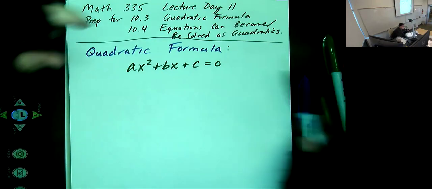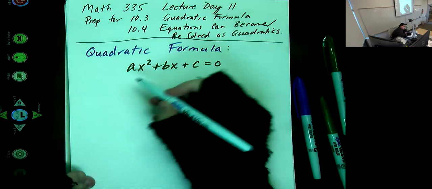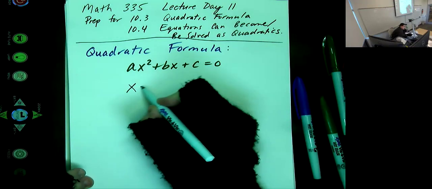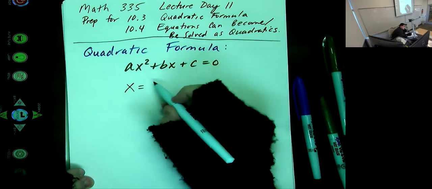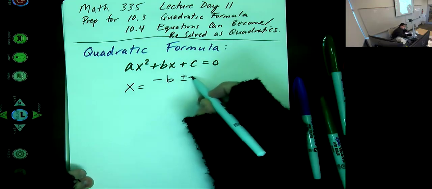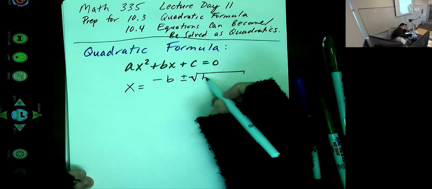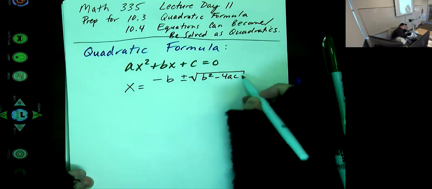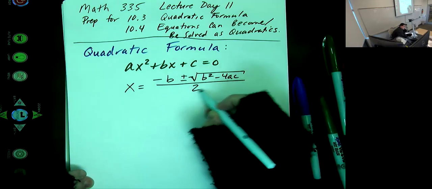Every solution to this equation meets the formula x equals negative b plus or minus the square root of b squared minus 4ac over 2a.